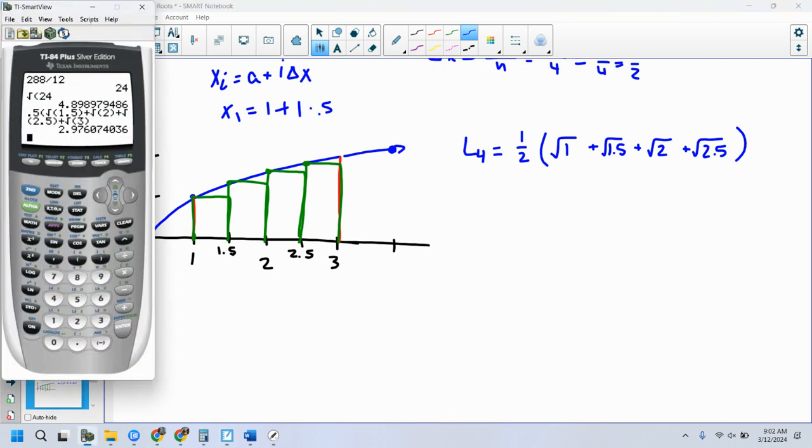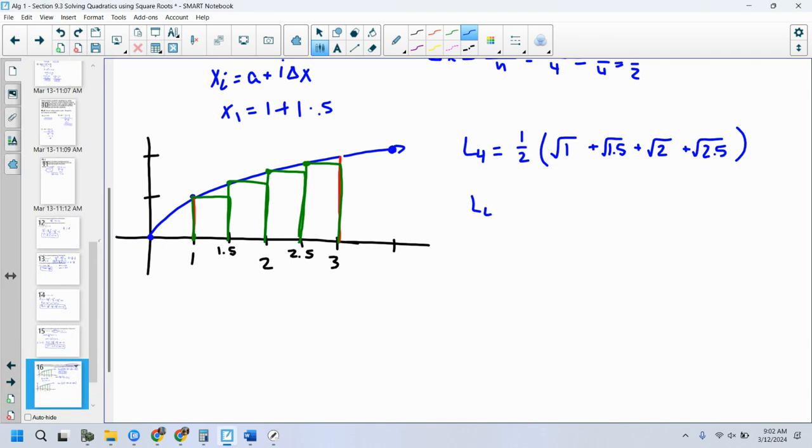All right, let's see what we got here. Now I'm just going to go back in and run this same number, but instead of f of 3, I'm going to say I need f of 1. Okay. So we got 1, 1.5, 2, and 2.5, which is going to be 2.61. L4 is 2.61.